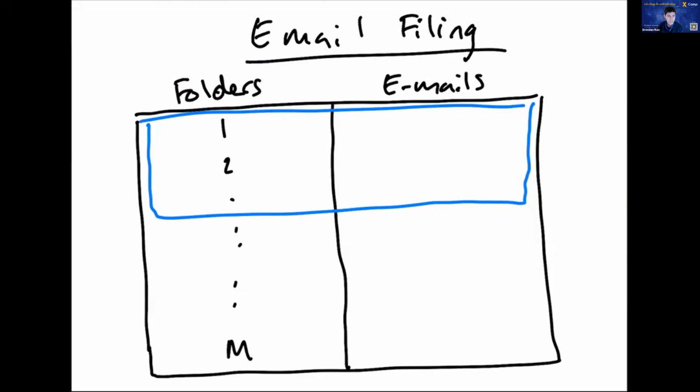The other thing that's important to understand about this problem is, let's say we have an email. Well, let's say this goes to 2, this goes to 3, this goes to 1, something like that. In order to file this email, the folder needs to be in the window that we're seeing right now. So the window is that blue box.